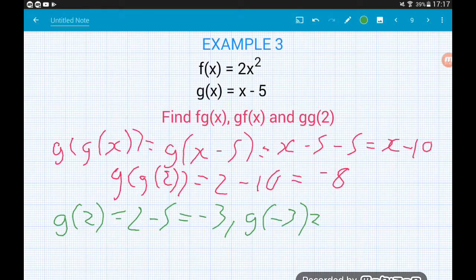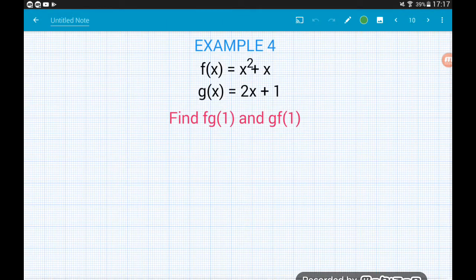So g of minus 3 is minus 3 minus 5, which again gives us minus 8. Both work, both get us to the same answer. That wasn't a particularly complicated one. So it's up to you, as always, which method you prefer using.